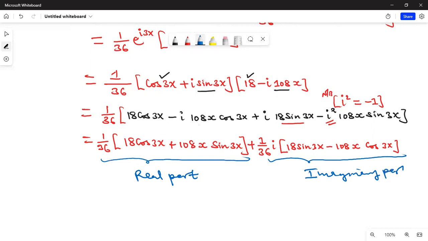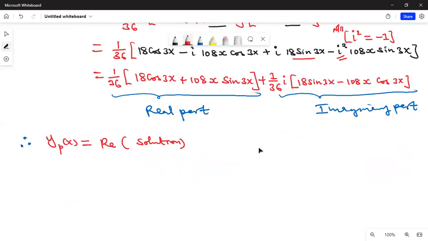Imaginary part. So you can say, therefore, yp of x is equal to the real part of the solution. Real part of that result.